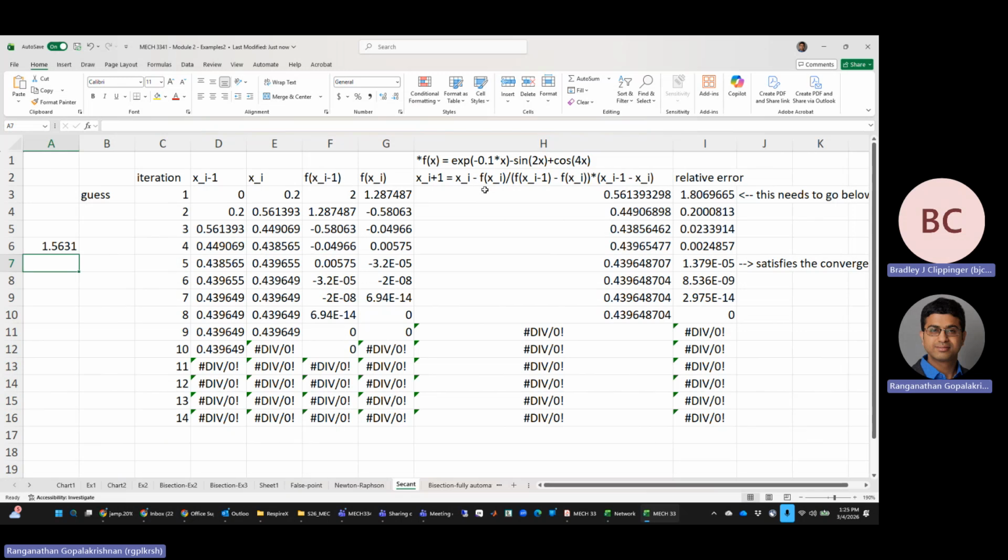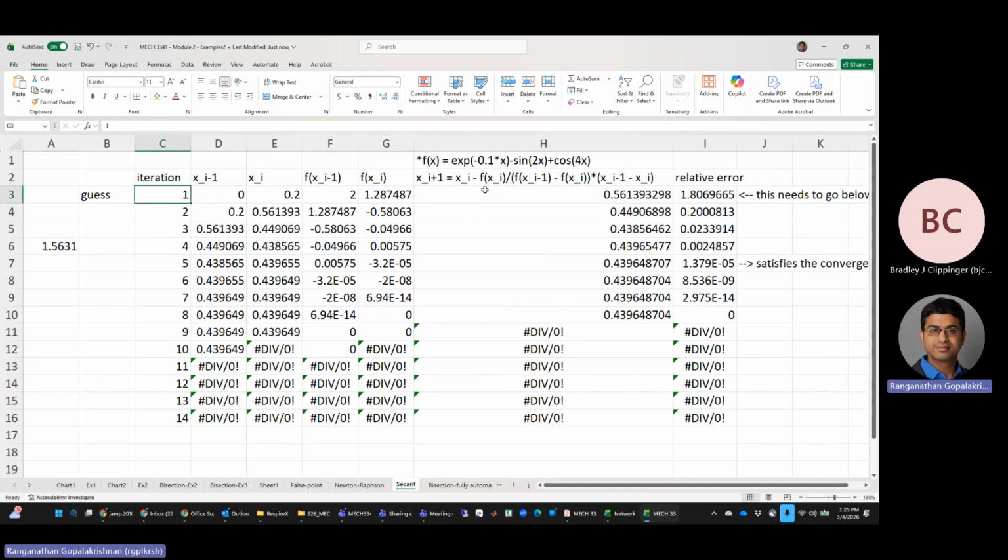You should also think about, if you think this is a root, the first thing it should do is satisfy the function. If you compute the function using this number, it should go to 0. If that doesn't happen, you know that it's not a root, even if you have done many iterations.